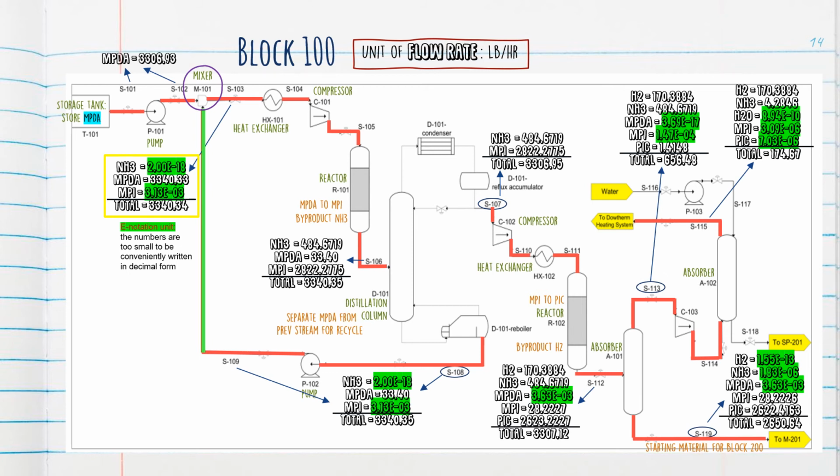So the hydrogen that is left at stream S115 will be used for the Dalton heating system. And lastly, at stream S11A, the remaining ammonia and water stream will be fed into the splitter for the process at the second block.